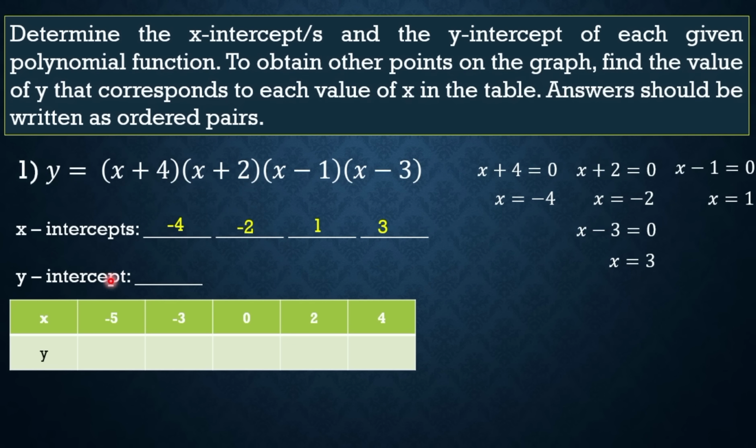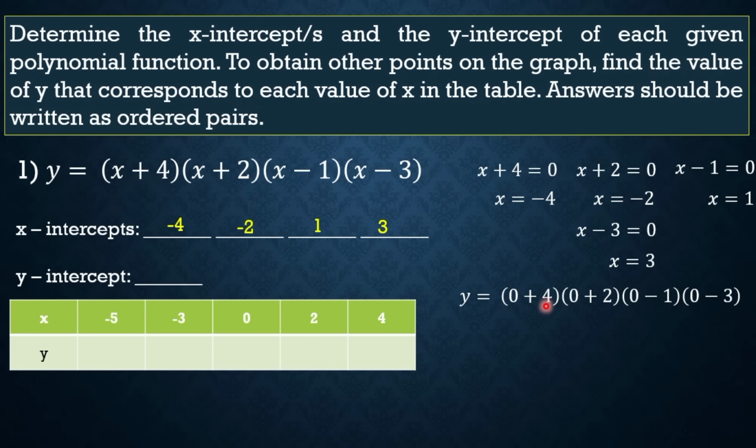So, paano naman kunin yung y-intercept? So, pag kukunin natin yung y-intercept, gagawin natin 0 yung x natin. So, balik tayo dito sa polynomial function natin. So, gagawin lang natin 0 yung mga x. Okay? So, 0 plus 4 times 0 plus 2 times 0 minus 1 times 0 minus 3.